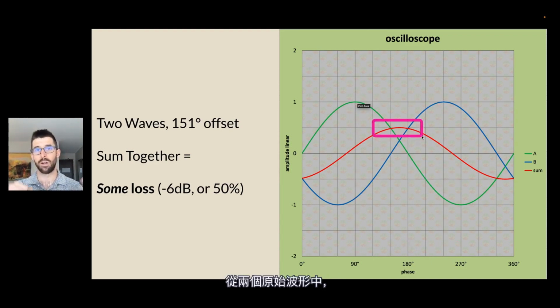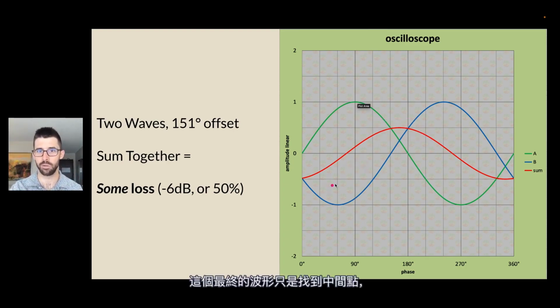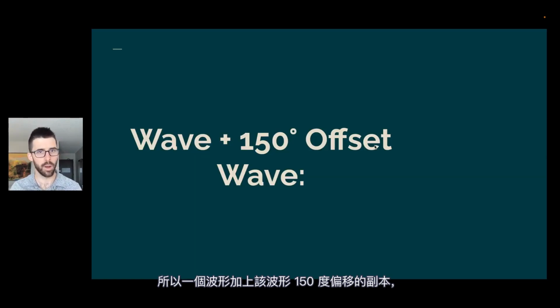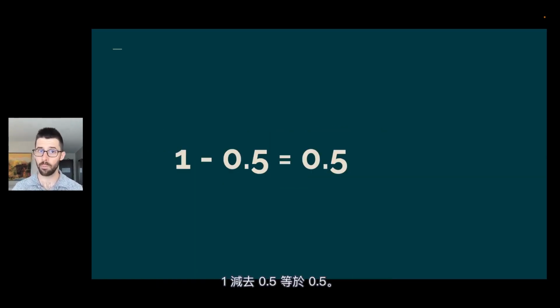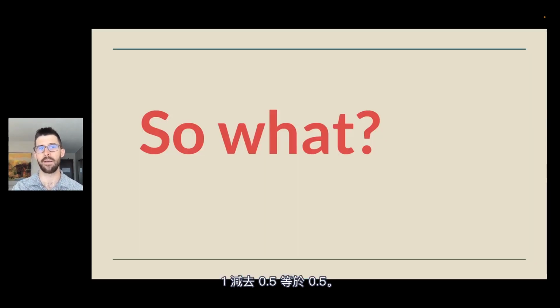From the two original ones, they come together and we get some loss right here. And it's pretty cool that the resulting wave just kind of finds the middle point here and creates a new wave. So a wave plus a 150 degree offset copy of that wave, 1 minus 0.5 equals 0.5.